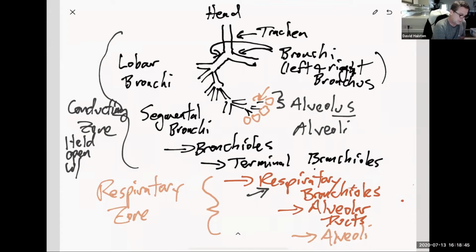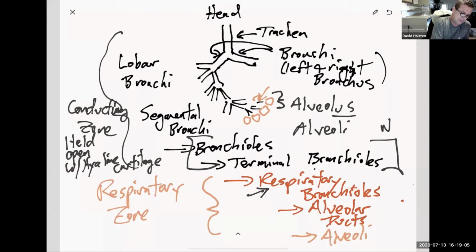But really, hyaline cartilage is going to be gone about the level of bronchioles. So here, no cartilage. It needs to be held open. You don't want it collapsing.